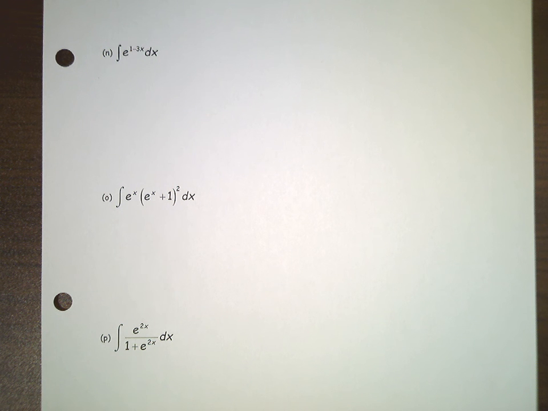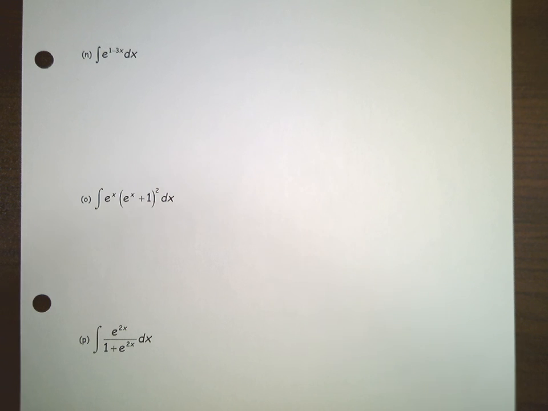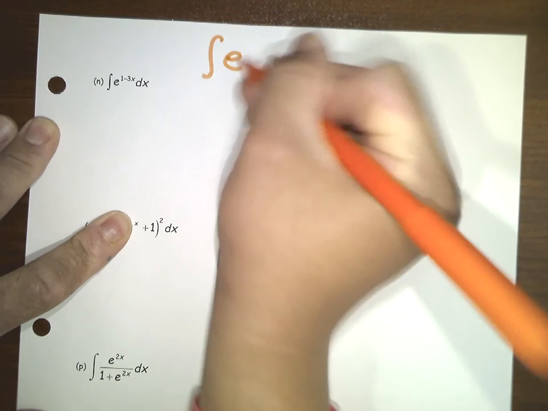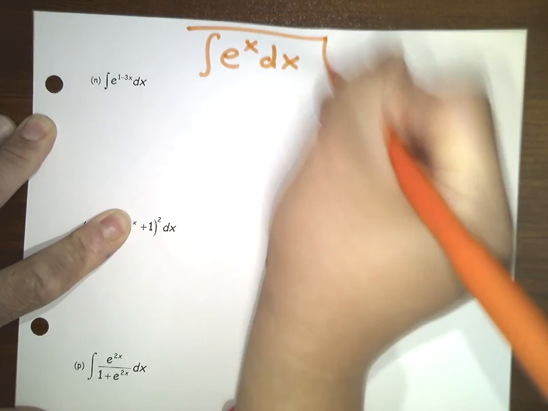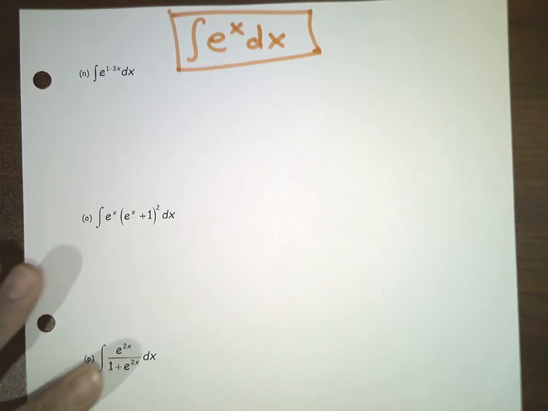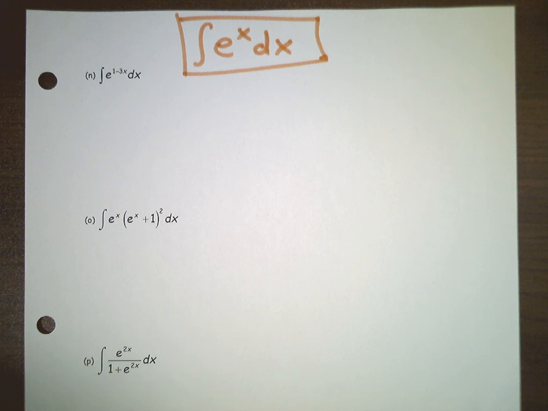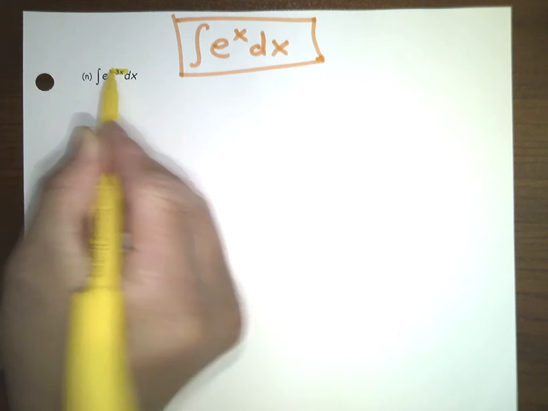All right, so now we have the integral of e to the power of 1 minus 3x dx. So remember that one of the antiderivatives I mentioned to memorize is the integral of e to the x dx. So if I have e to the power of a variable x, then I will try to always let the exponent be u.